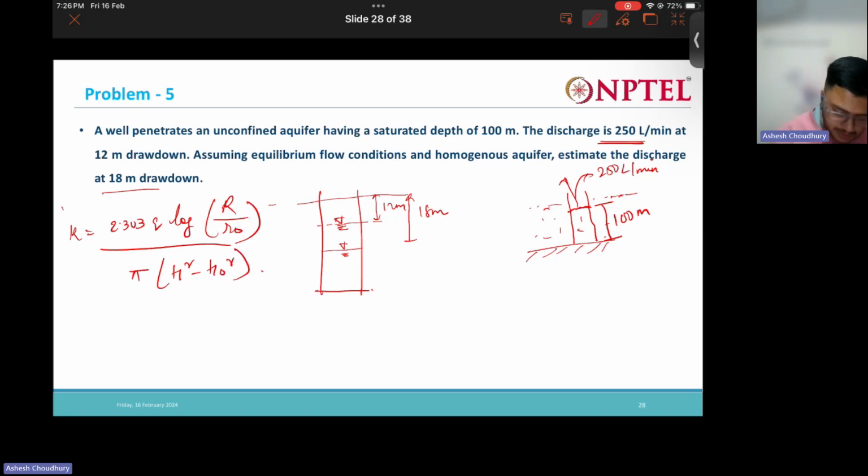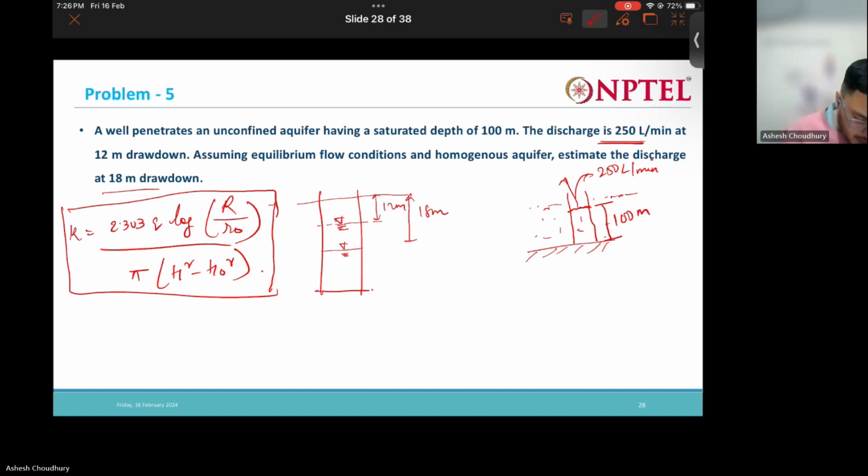Okay, this is the expression for an unconfined aquifer. If we put all the values, we get pi K by 2.303 log10 R by R naught is equal to Q by h square minus h naught square.